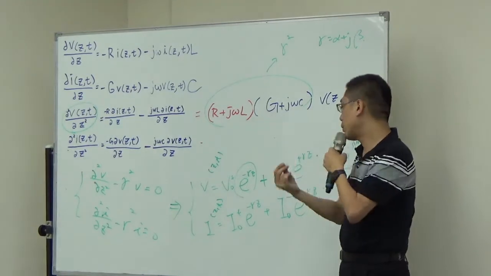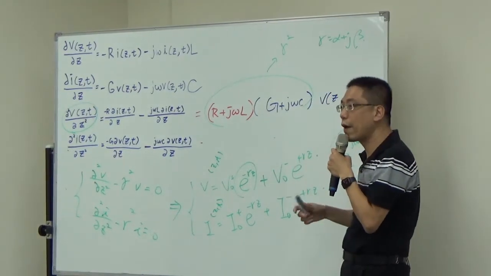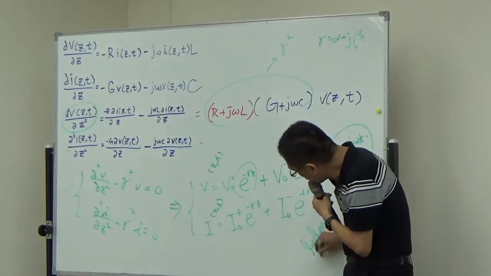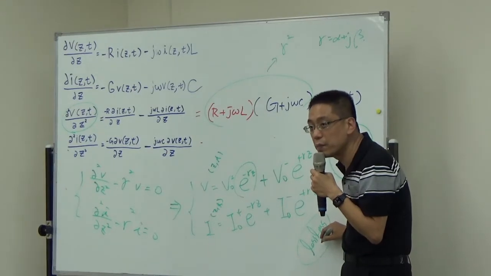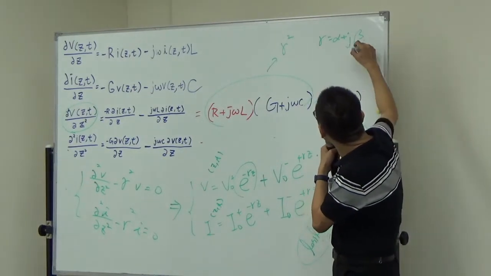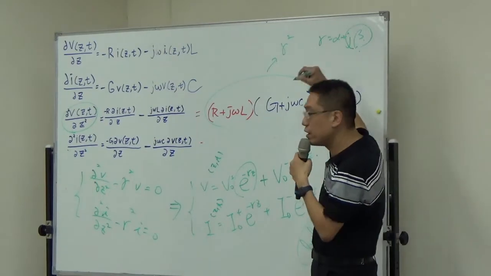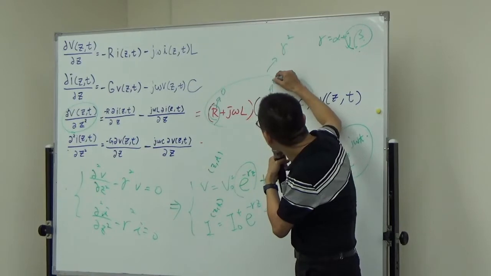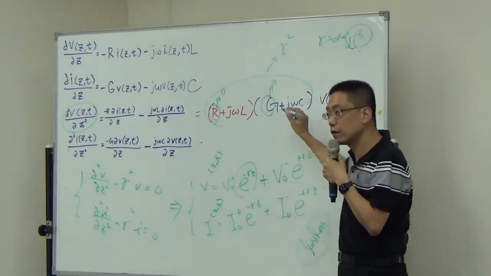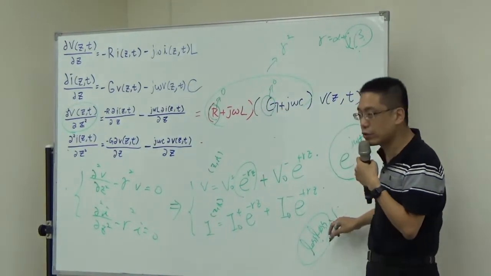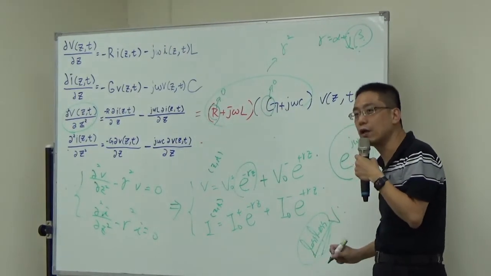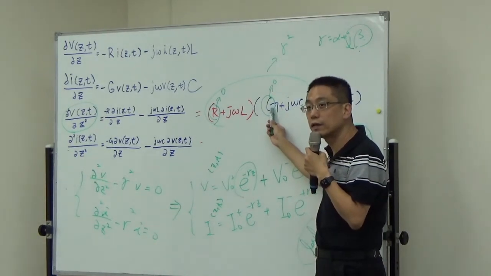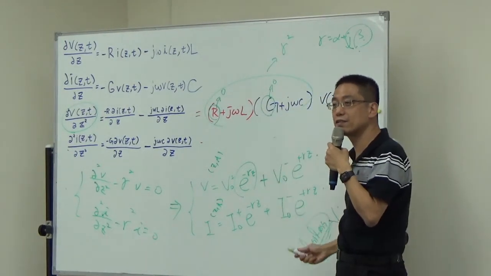If you have a question that says it is a lossless transmission line, it means gamma equals j beta only, and it means R and G are both 0. Okay, this will be the easiest case.